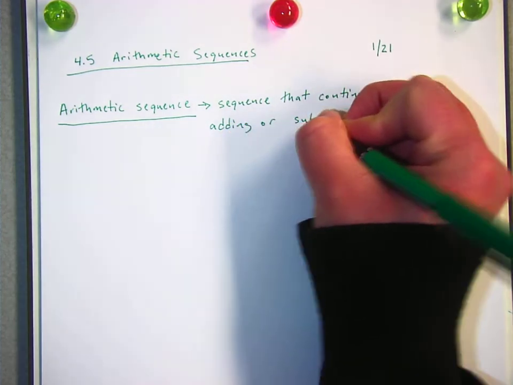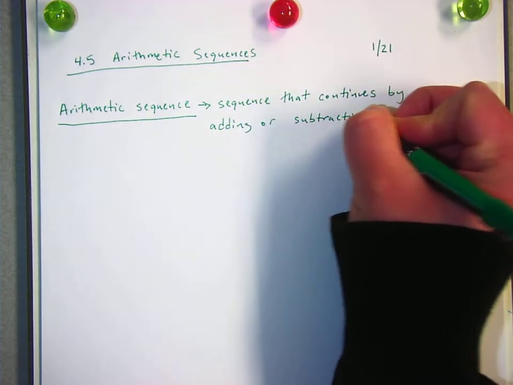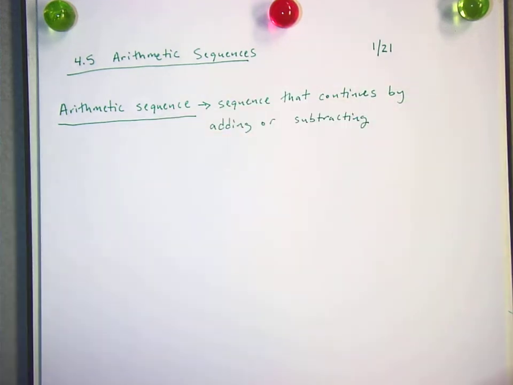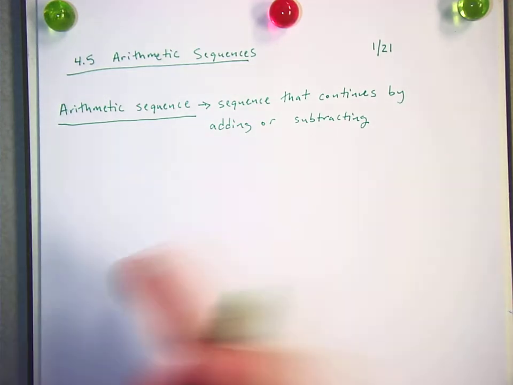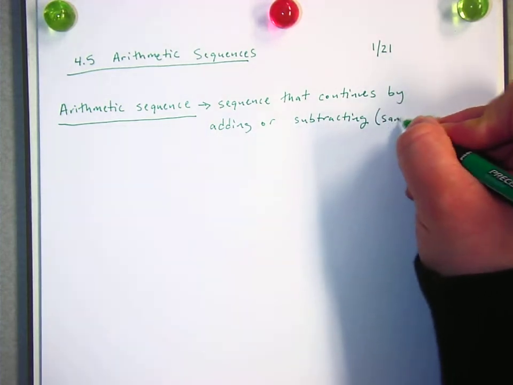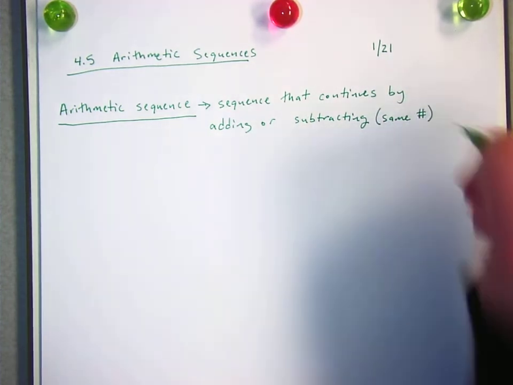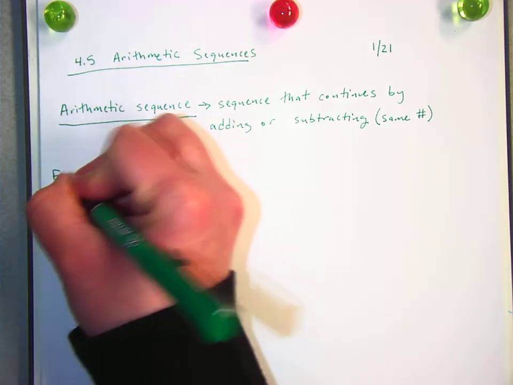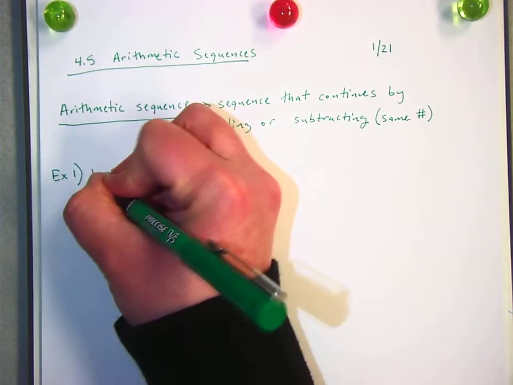So in class, we just did a contest where you had to come up with the next things in a sequence. And any sequence where you had to add to get the next thing, you had to add the same thing every time or subtract the same thing every time. So I should write that here, the same number. That is an arithmetic sequence. So we're going to do 4 quick examples.